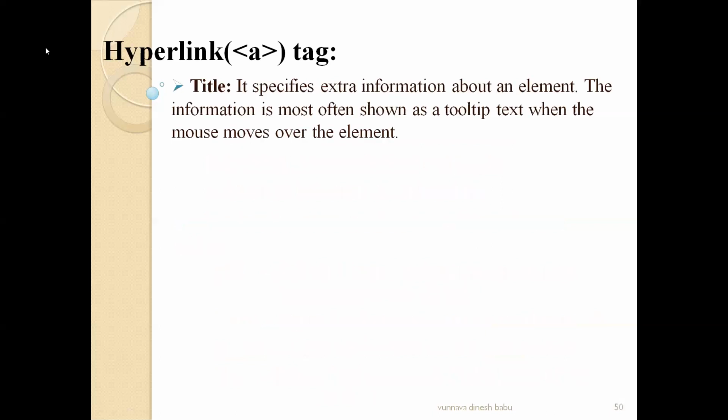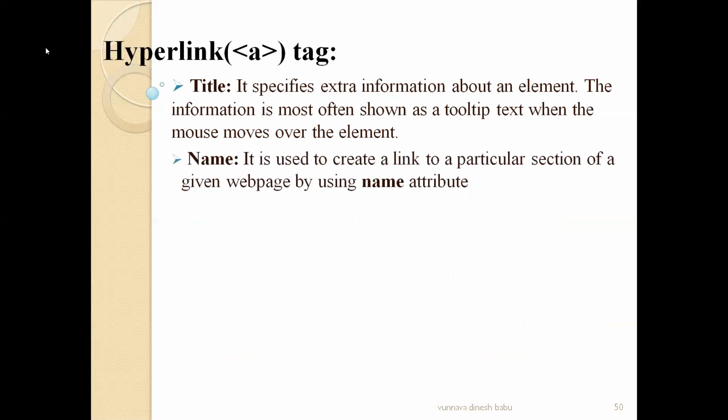And next one, title. It is used to specify some extra information. Only for the specification of extra information, we are going to use this title. Okay. So next one, name. It will be used for future references, and I will show the use of this particular name attribute of anchor tag while we are dealing with the first program of our lab cycle.